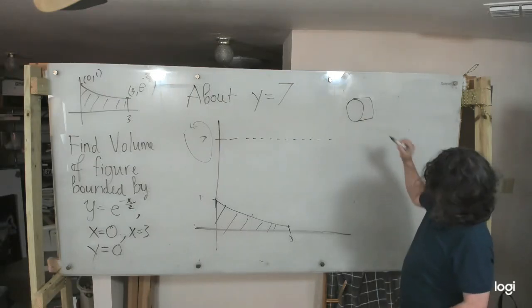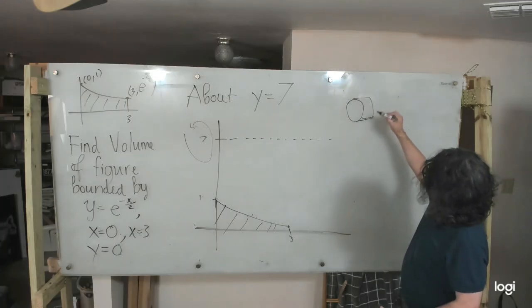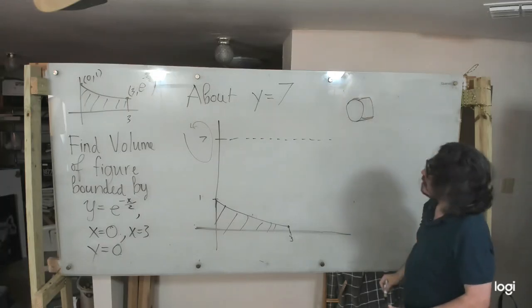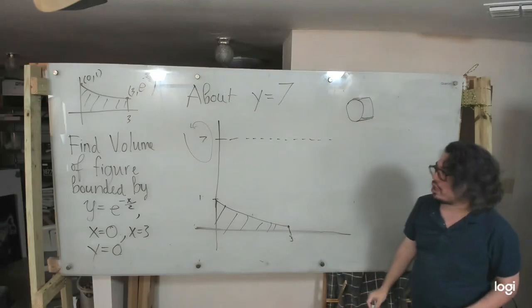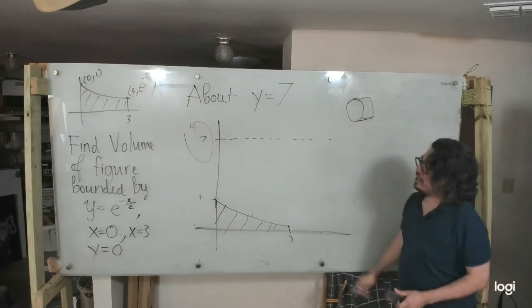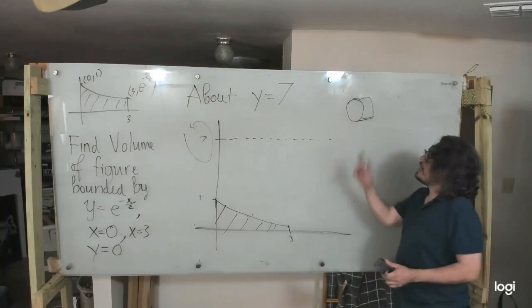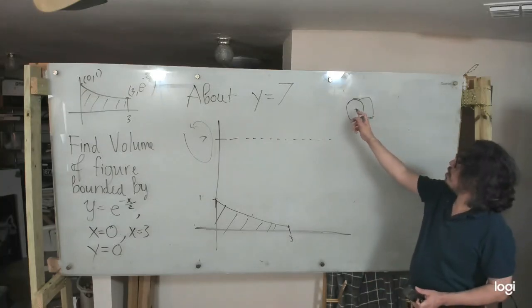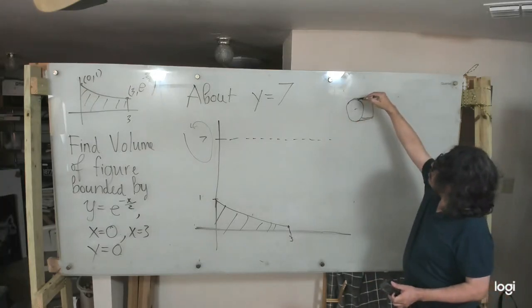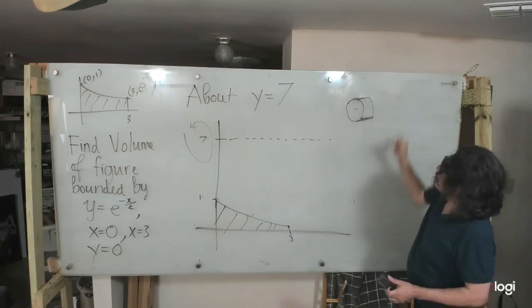It'll look like something like this, and it'll have a cross section like this. Kind of like the inside of a rocket cone or something like that, but not as pronounced, obviously. This inside is all hollow, right? But we want to find out the volume of this material.